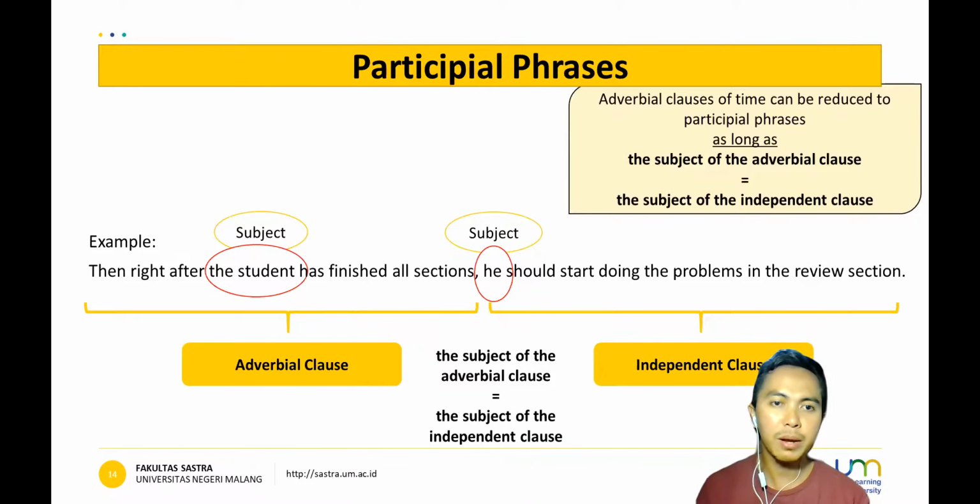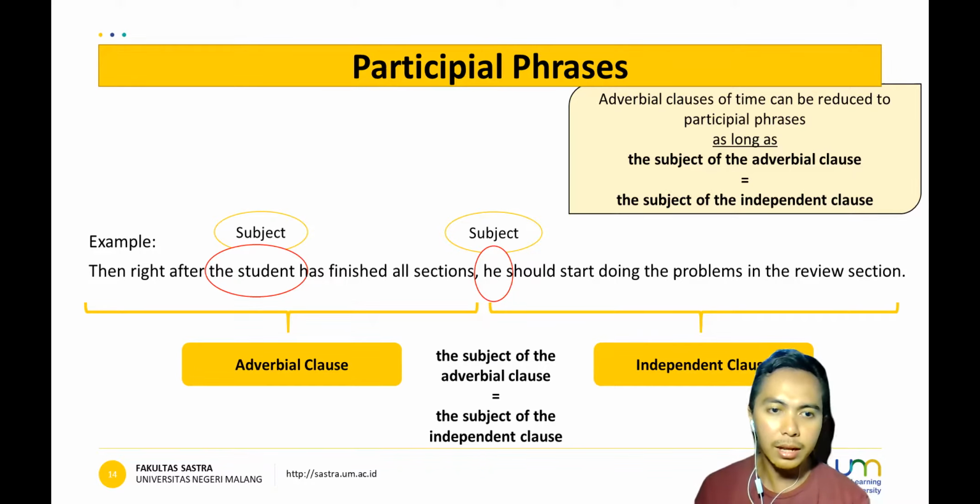The third one is the participial phrase. It is the adverbial clause of time, which is reduced to a participial phrase as long as the subject of the adverbial clause is the same as the subject of the independent clause. So for example, right after the student has finished all sections, he should start doing the problems in the review sections.